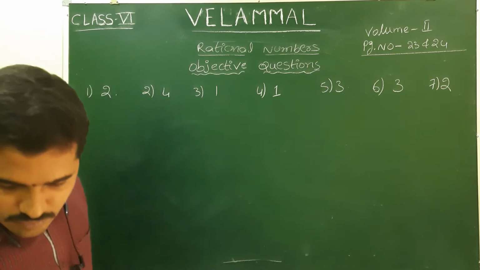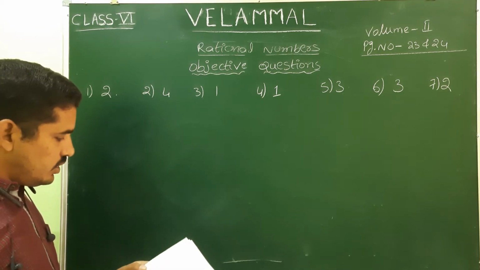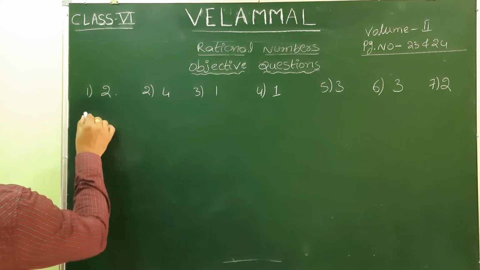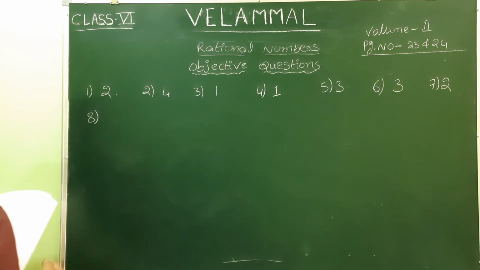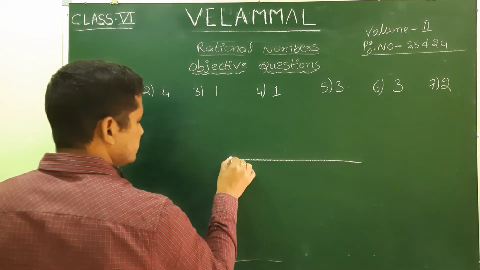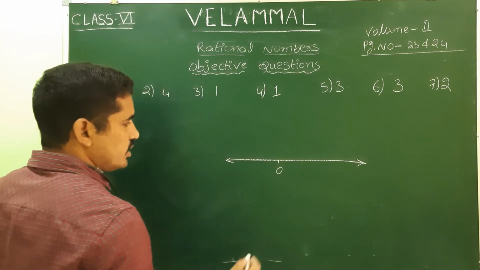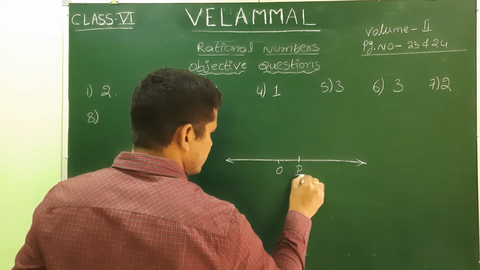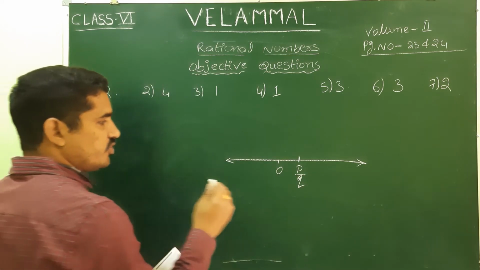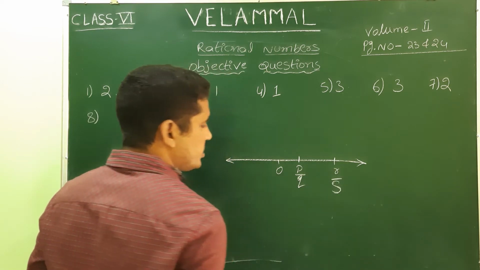Okay. Next, the eighth question. If P by Q lies to the left of R by S. If we take the number line, somewhere take 0, and here P by Q is to the left of R by S. So let R by S be here.